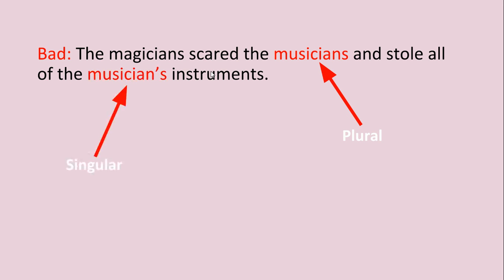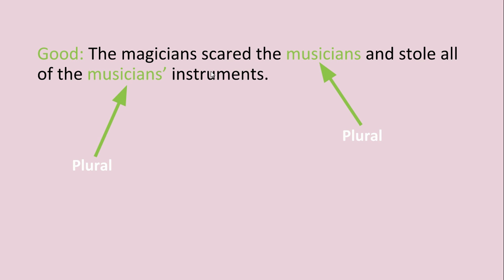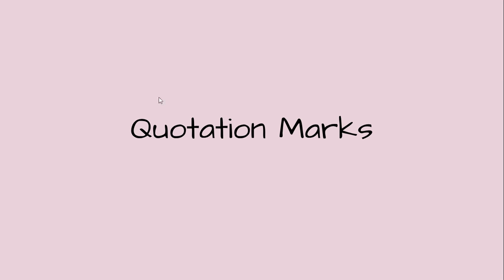It's plural, it's singular, doesn't work. Now the way I can fix it is to make both of these plural. So instead of adding the apostrophe before the S, I add the apostrophe after the S. And now the reader clearly knows that musicians is plural and that the magicians stole all of the musicians' instruments. I guess they were trying to do some sort of musical magic trick.